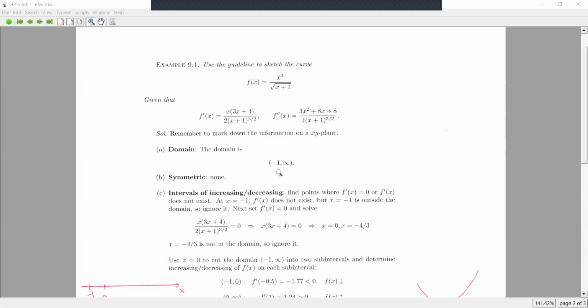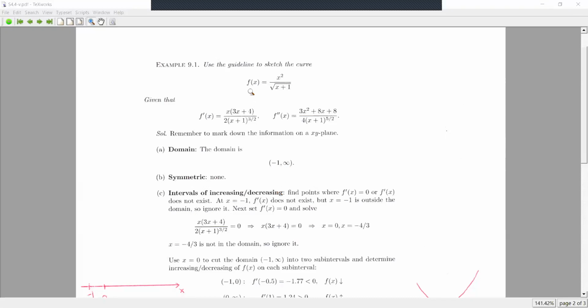Because this interval is not symmetric about 0, the origin, the function has low symmetry. For an even function, its domain must be symmetric about 0. For an odd function, its domain must be symmetric about 0.